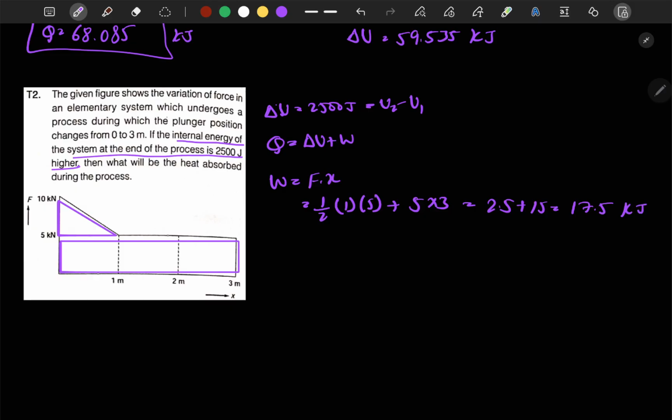This will be in kilojoule, since the unit is kilonewton and this is meter. So we have obtained the work done as 17.5 kilojoule.